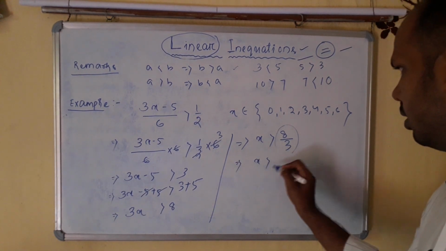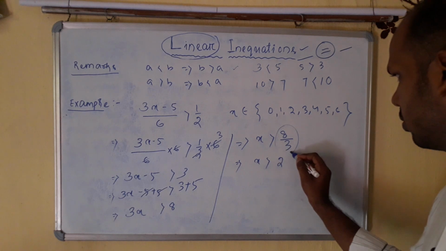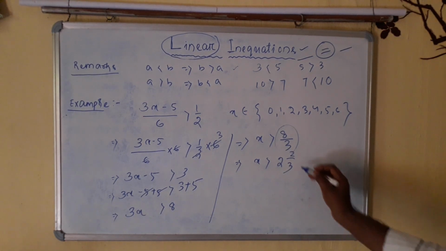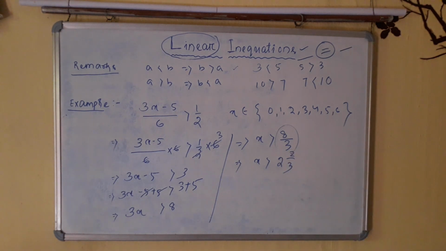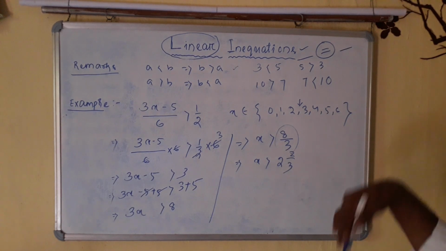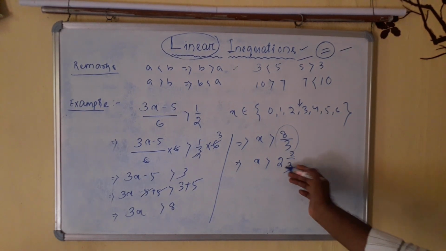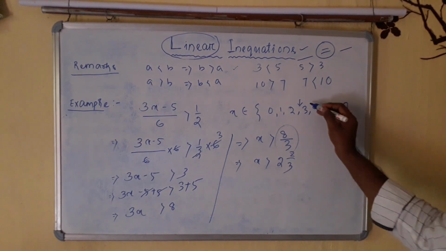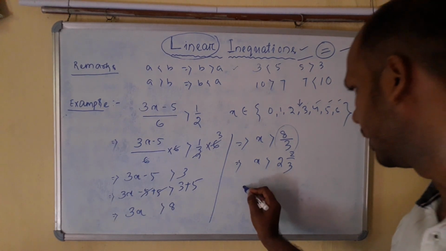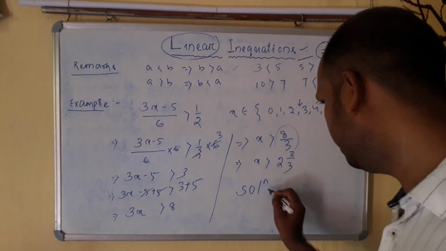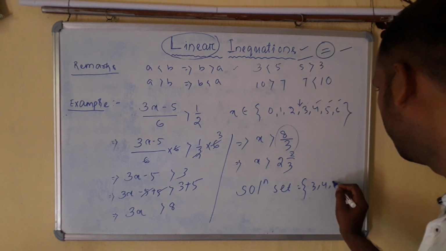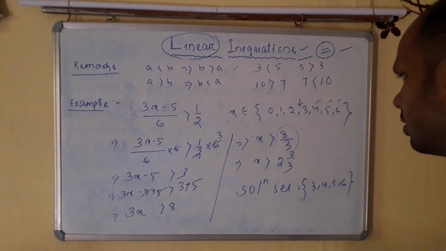We have to convert it into a mixed fraction: 3 twos are 6, so 2 whole 2 by 3. That means the values more than 2 whole 2 by 3. 2 whole 2 by 3 will come in between 2 and 3, so we have to take values greater than 2 whole 2 by 3. That means 3, 4, 5, 6 we have to choose here. So the solution set is 3, 4, 5 and 6.